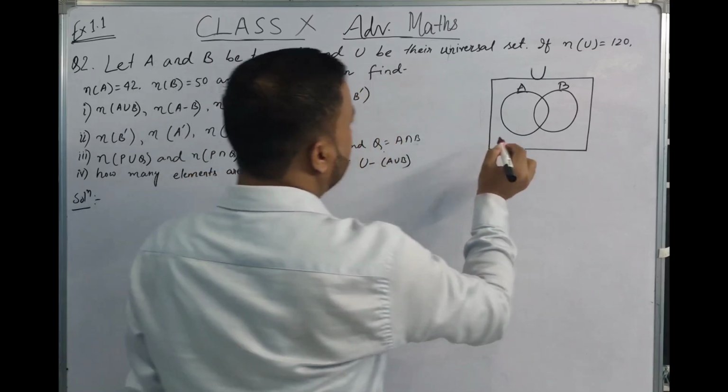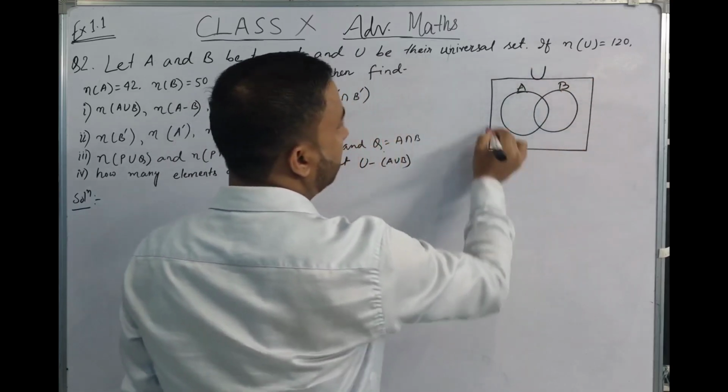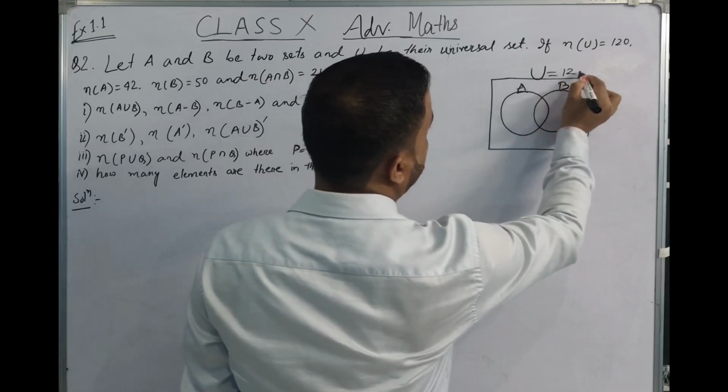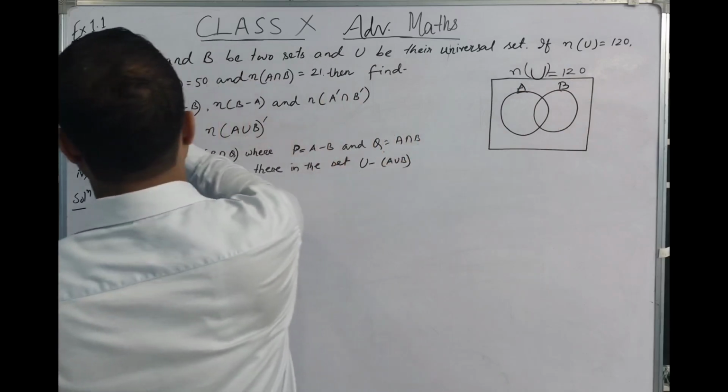Now, number of U means in the whole universal set there are 120 distinct elements. Number of A is given as 42.